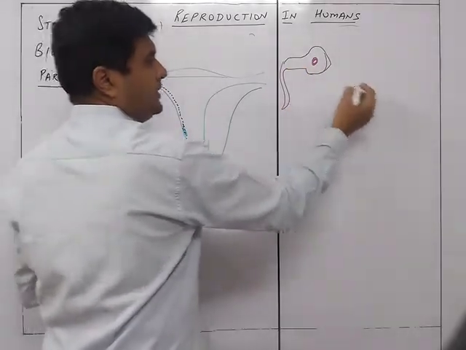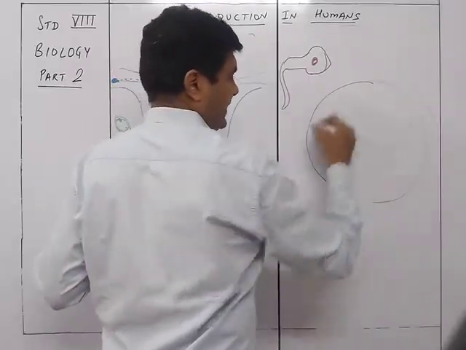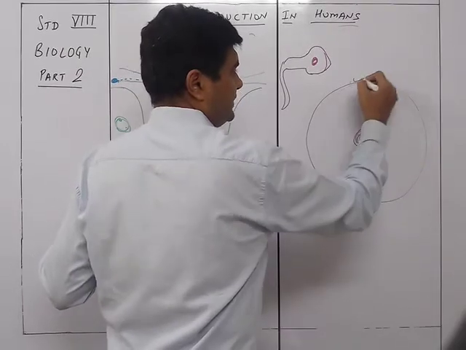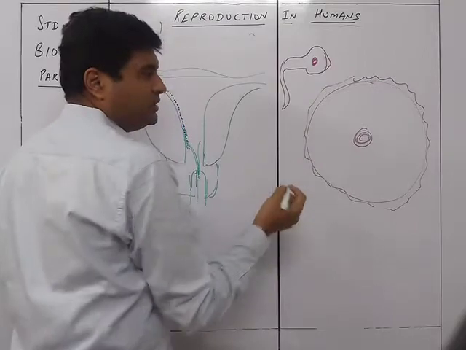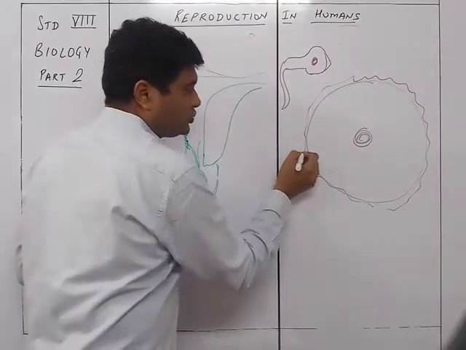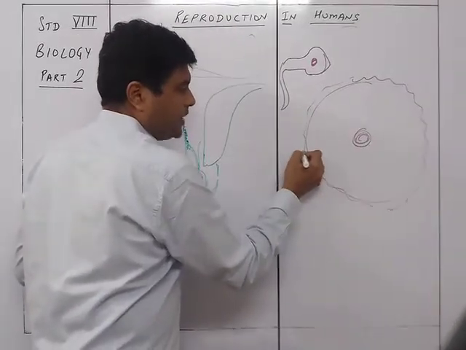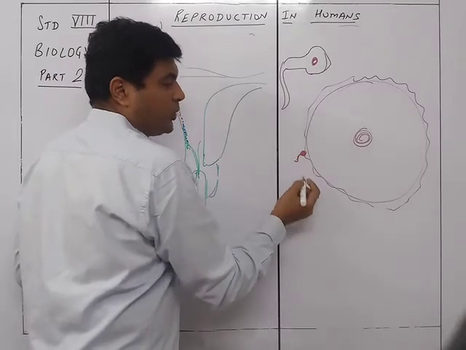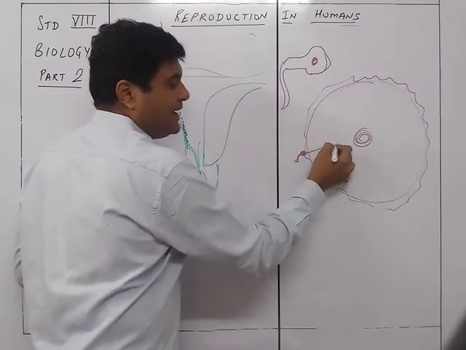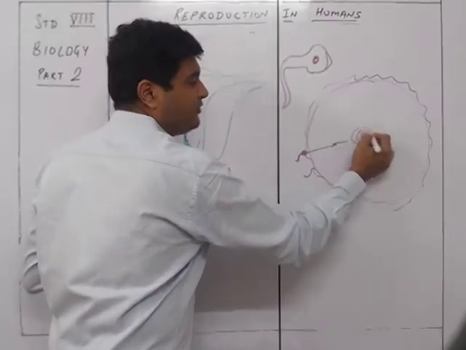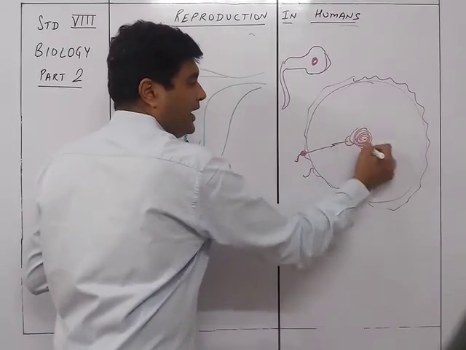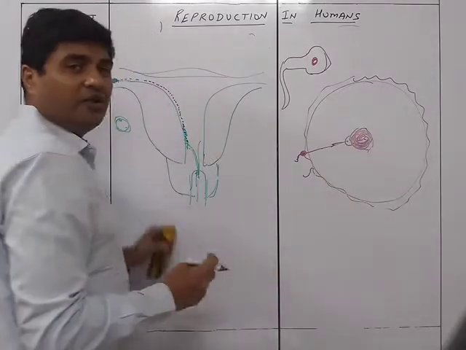This sperm is going to enter into this egg. The egg is over here like this with the outer covering. Size wise, the sperm is so small with the tail over here. What happens is this nucleus enters inside, where the tail is just left behind, and when it enters inside, it fuses with the nucleus over here, and that's what is called fertilization.